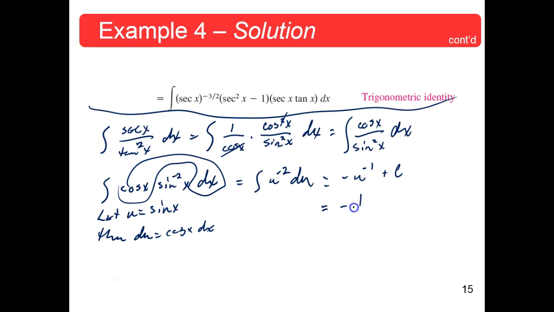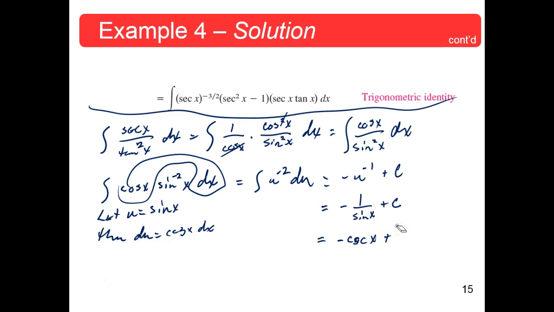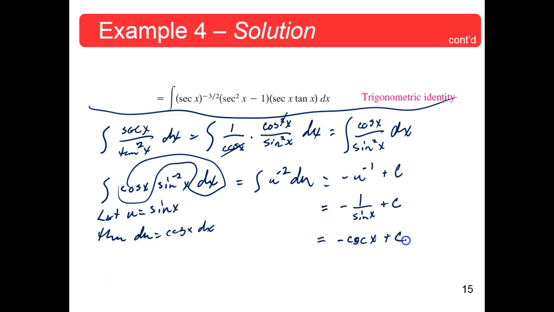Negative sine to the negative 1 x, 1 over sine x, plus c. And what in the world is 1 over sine x? Cosecant. Okay, negative cosecant x plus c.